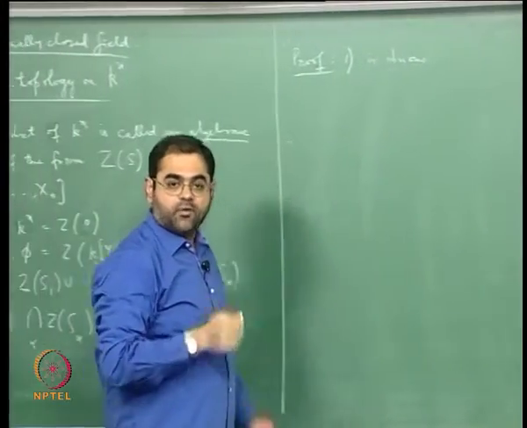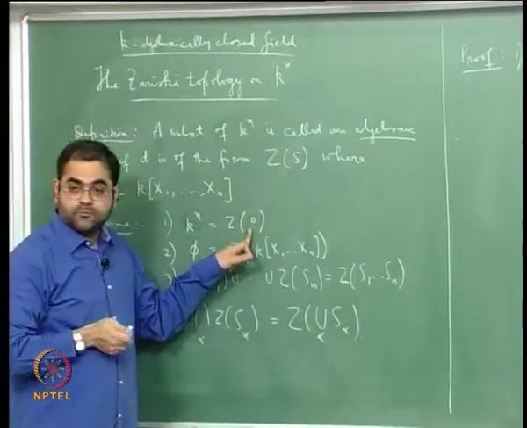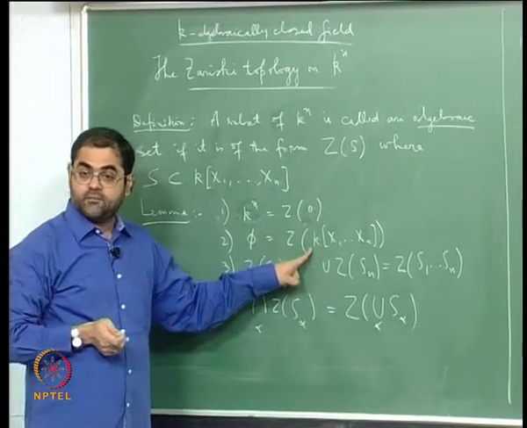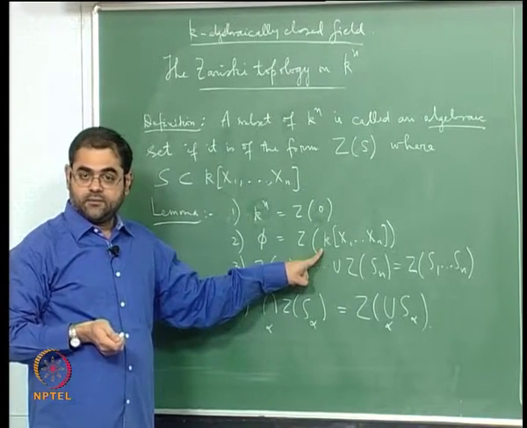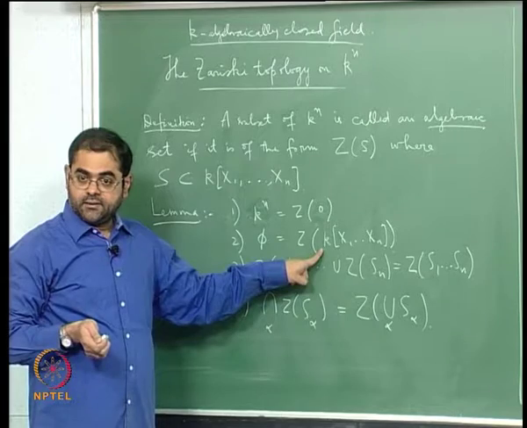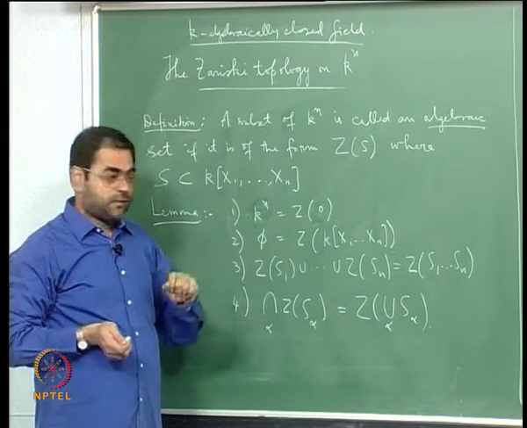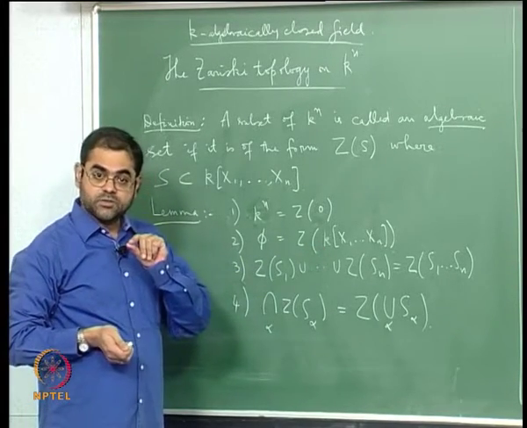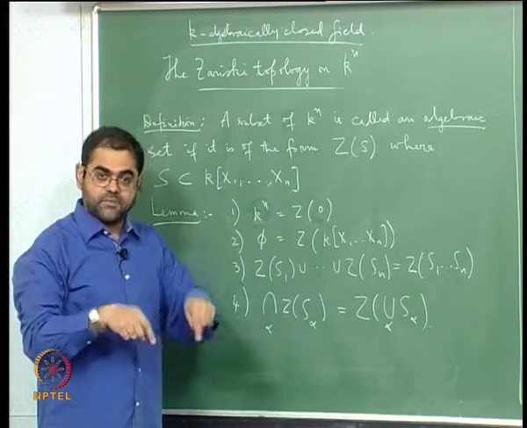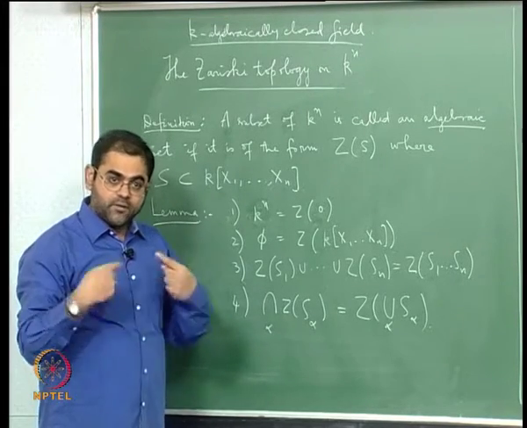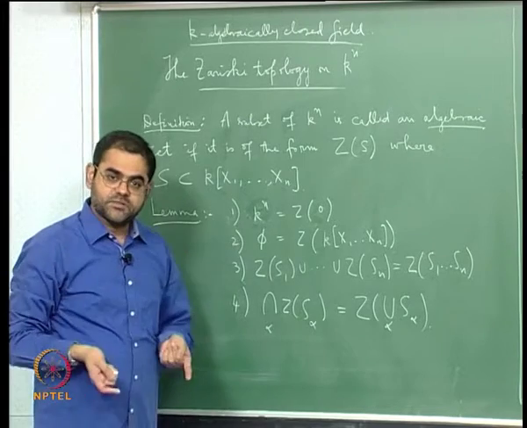Okay, and what you must understand here is that we are thinking of 0 as the 0 polynomial. And the 0 polynomial is also, when you substitute the variables in the polynomial, the value that you get is also 0.